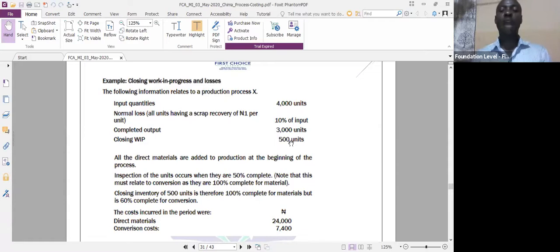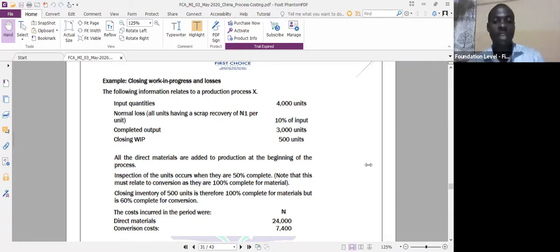Completed output is 3,000 units. Closing work in progress is 500 units. All the direct materials are added to the production at the beginning of the process. Inspection of the units occurs when they are 50% complete.